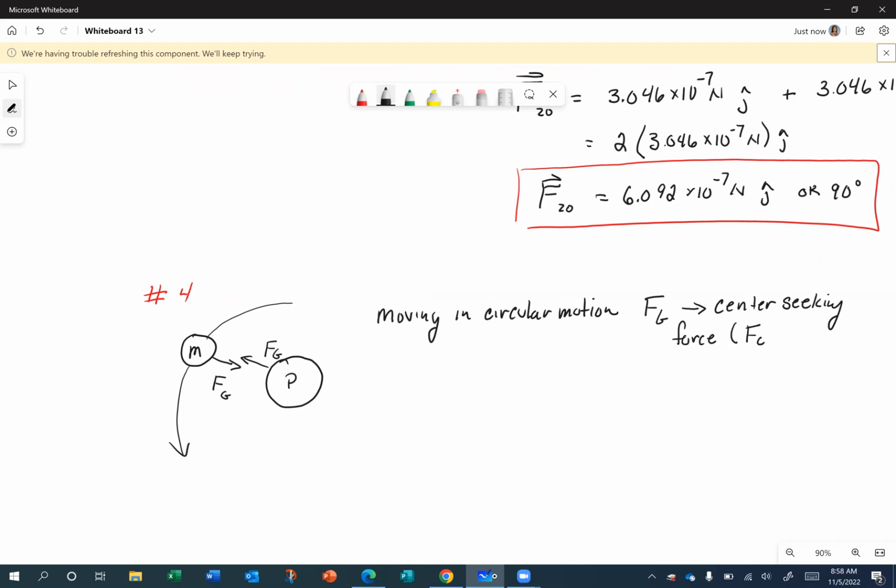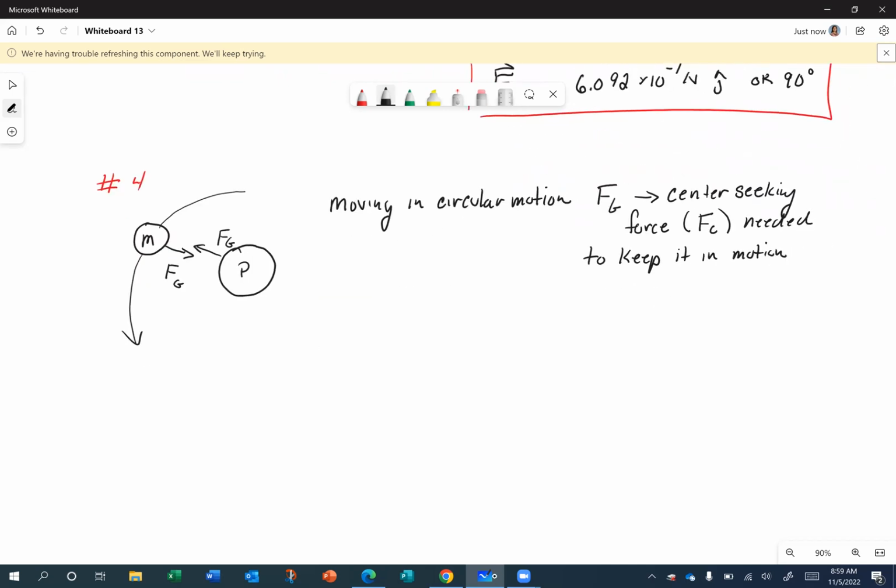The centripetal force needed to keep it in motion. Okay, that's going to be needed to keep it in motion. So what else do we know?